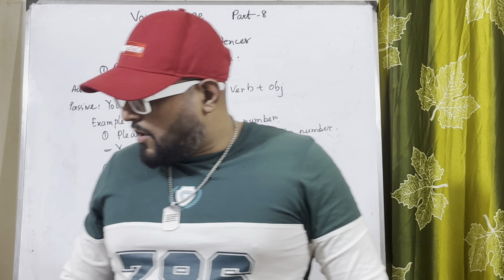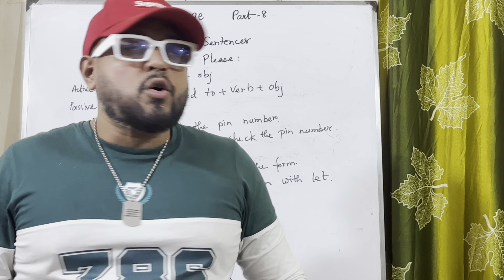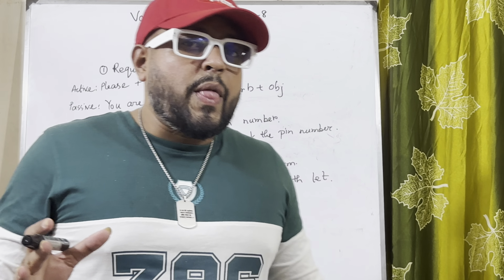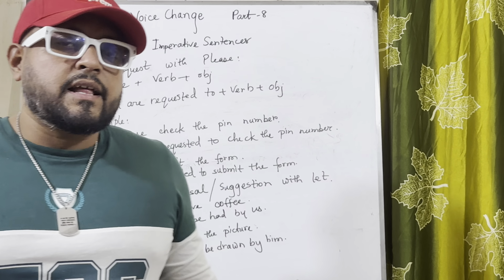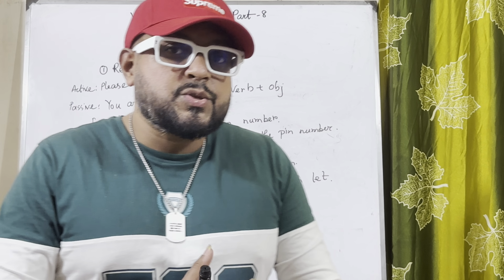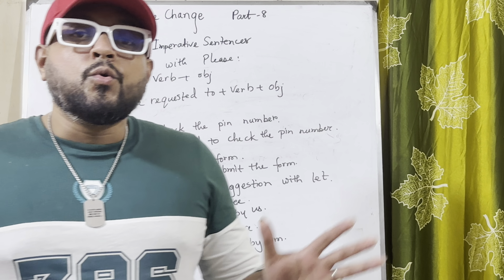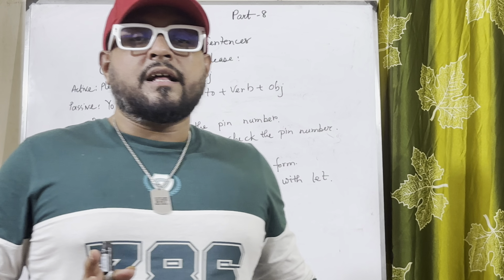Well, you can see over here we are talking about imperative sentences. And we all know that an imperative sentence indicates command, order, advice, requests, suggestions, proposals. For this type of expression you need to use an imperative sentence.